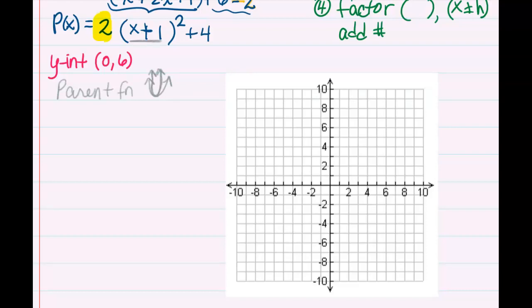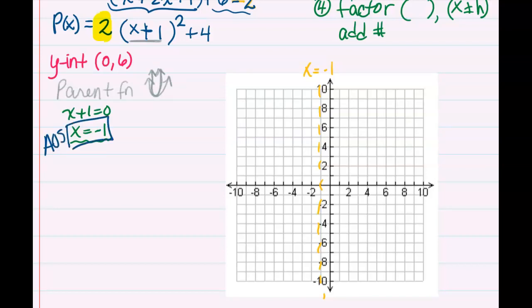We know the plus 1 inside, so I'm going to solve x plus 1 is equal to 0. I'm going to get x is equal to negative 1. That's going to be our horizontal shift. I'm going to graph that over here on our graph. This is x is equal to negative 1. And in fact, while we're here, I want to remind you that this is also the AOS, the axis of symmetry.